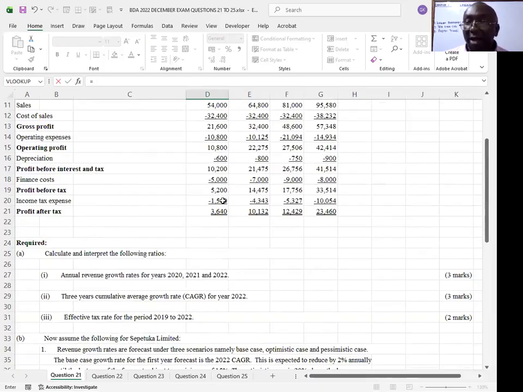It's here. And because they have given it as a negative, you start by typing negative so that it converts that to positive. You click on this. Then you divide by the profit before tax here. The profit before tax.